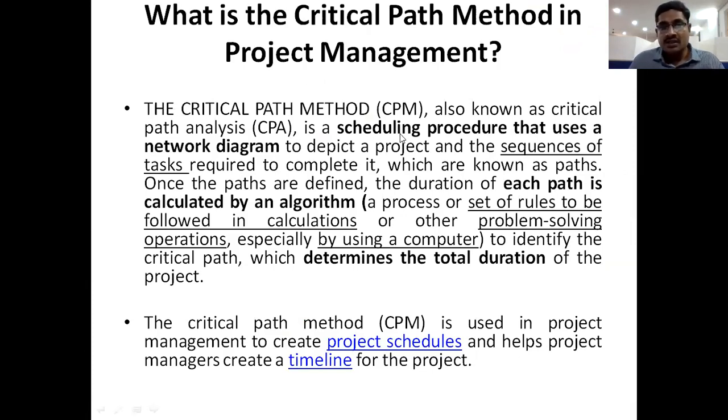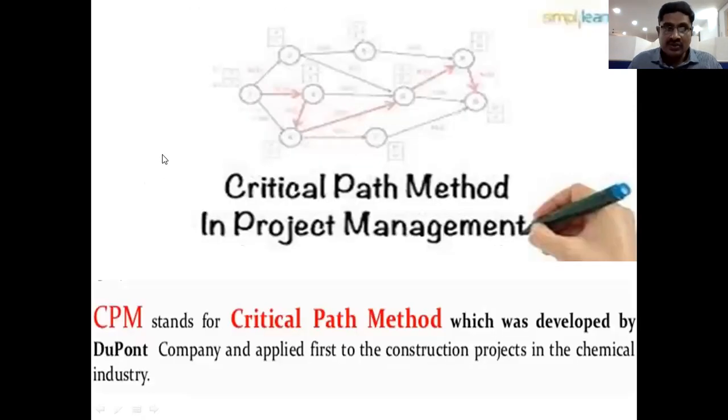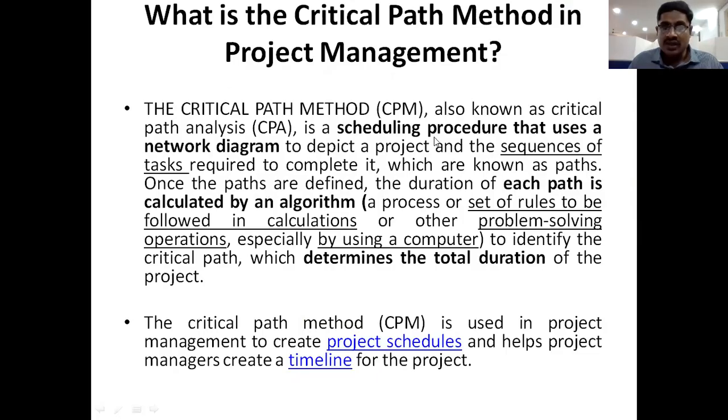So look here: a scheduling procedure that uses a network diagram to depict a project and the sequences of tasks, the sequences of future courses of action, required to complete our project or contract.